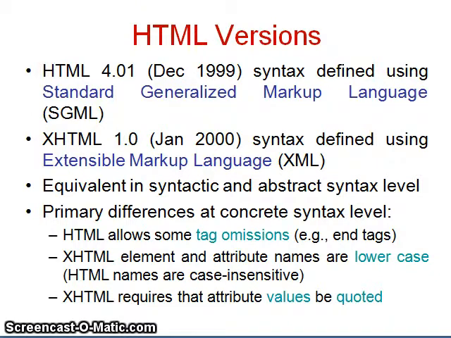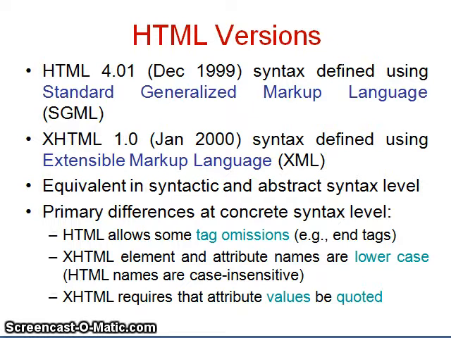HTML versions. HTML 4.01 syntax is defined using the Standard Generalized Markup Language. We have XHTML 1.0, whose syntax is defined using the Extensible Markup Language. We are going to have a discussion about what is common between HTML 4.01 and XHTML 1.0.